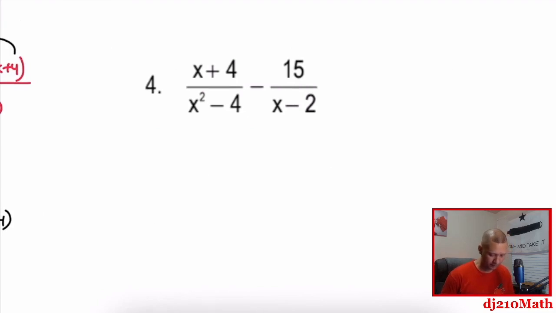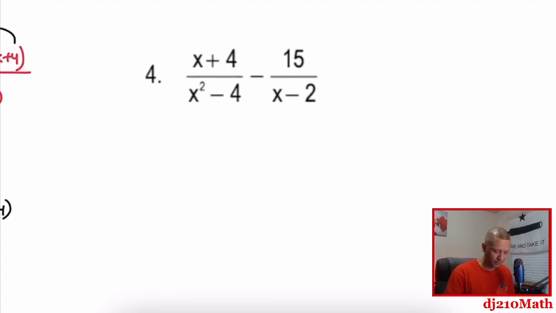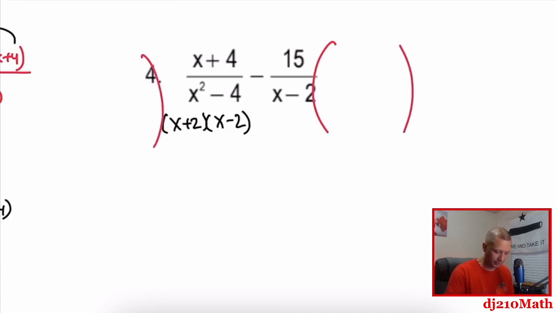Okay. So you check to see if you can simplify. Can't simplify anything. However, this x squared minus 4 on the bottom left is a difference of squares. So this is going to be x plus 2, x minus 2. You've got to be able to spot that. So when I multiply the left and the right side, this is going to be x plus 2, top and bottom.